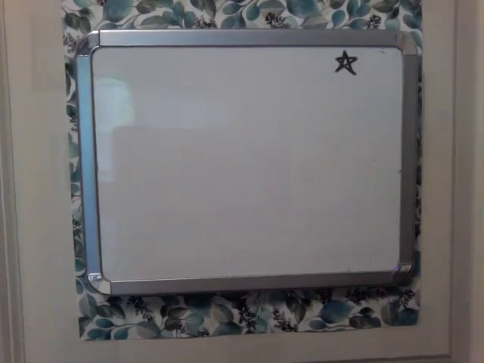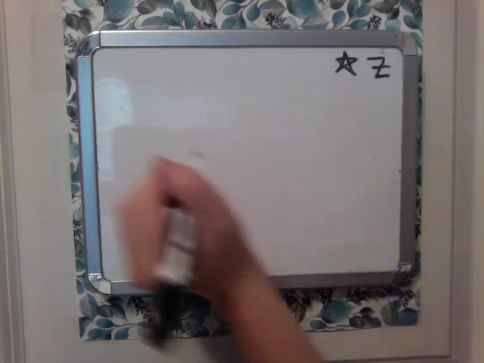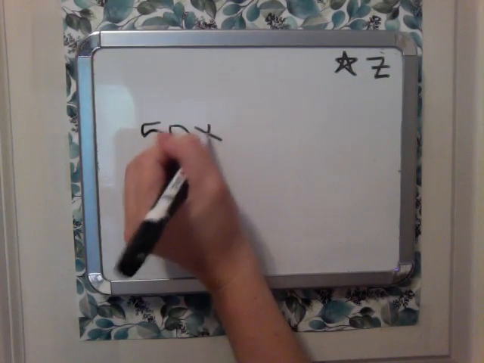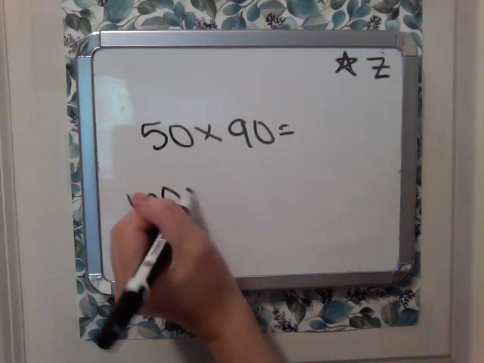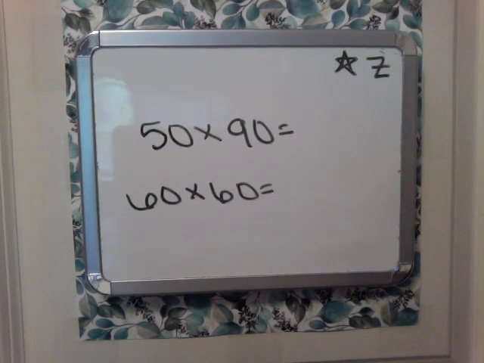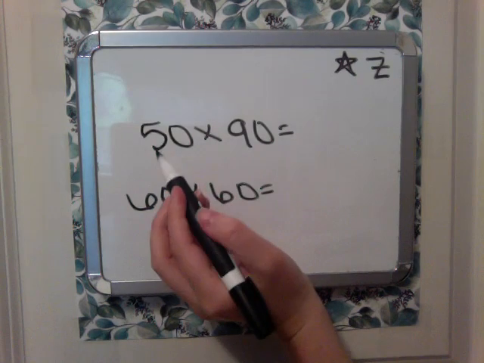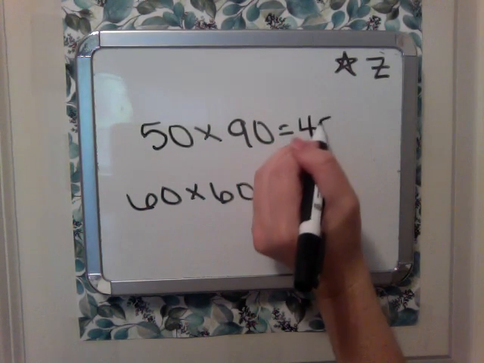After patterns, we have the zero rule with multiplication. We have 50 times 90 and 60 times 60. So as I've talked about this week, the zero rule is however many zeros there are is how many places you move over on the place value chart. So there's 2 zeros here. So we can do 5 times 9 is 45.